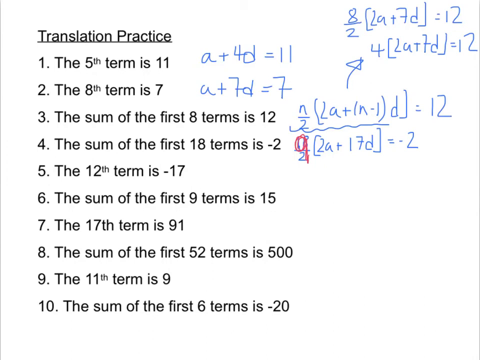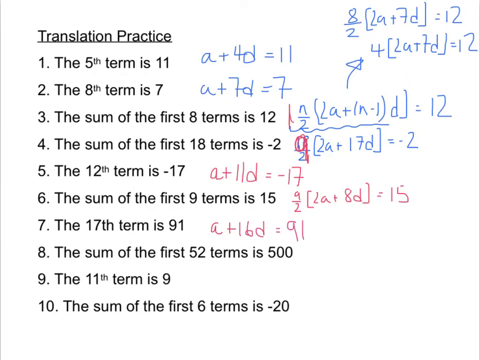The 12th term is minus 7, we write like this, and then the sum of the first 9 terms is 15, using this formula again, we get this. Then the 17th term is 91, we write a plus 16d is 91.